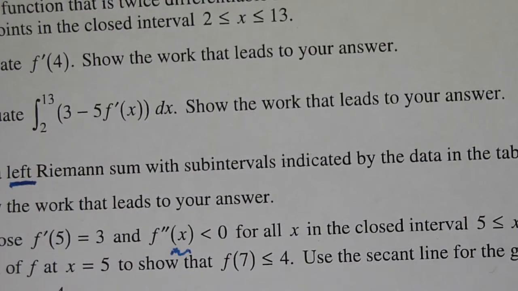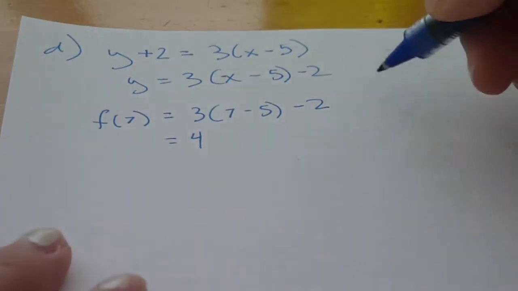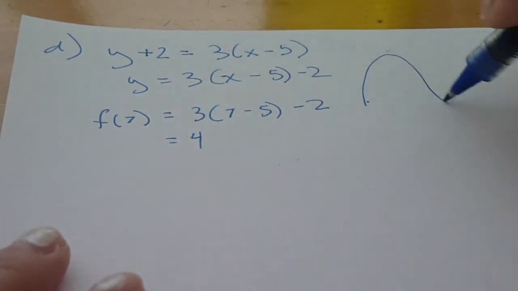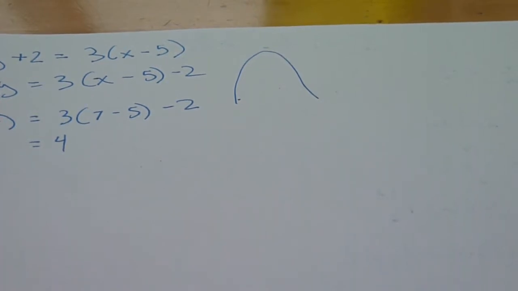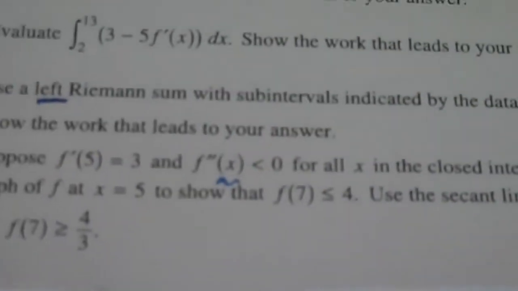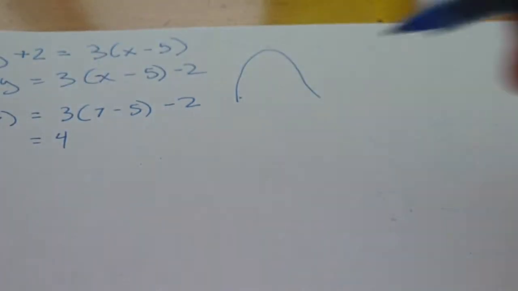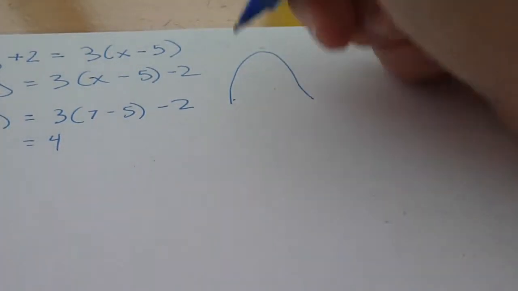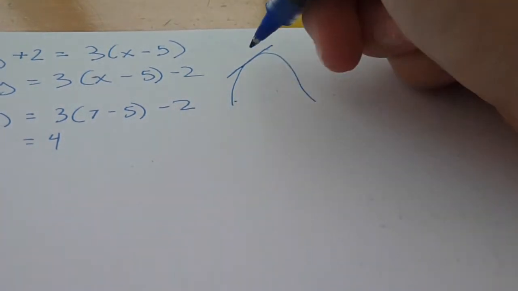And so that means that our whole graph of f is going to be some form of concave down. So just to illustrate that, something like that right here. And we have a line tangent to that, which is our f prime of 5 that we got there. F prime of 5 is equal to 3.